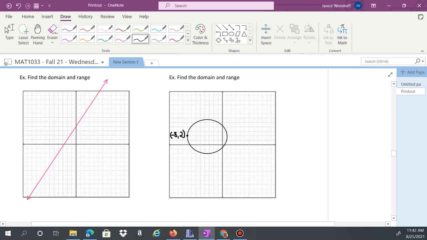Then this is going to be 1, 2, right here on this side. And then this bottommost point is 1, -2, and this is going to be -3.5, 5.5.